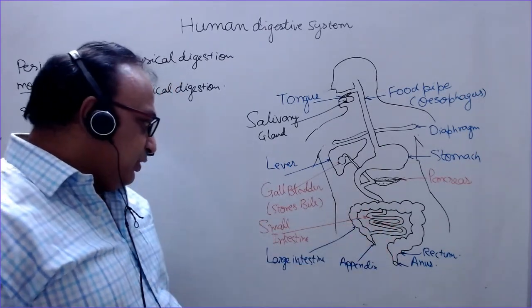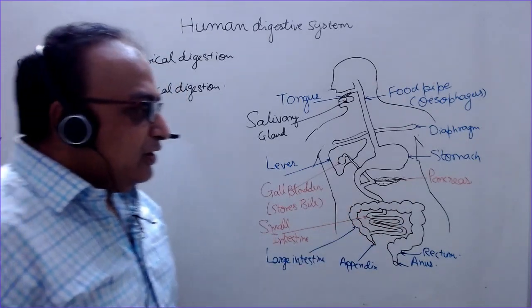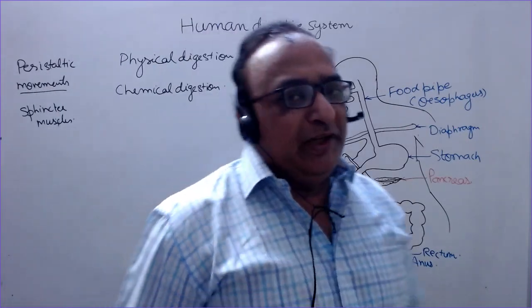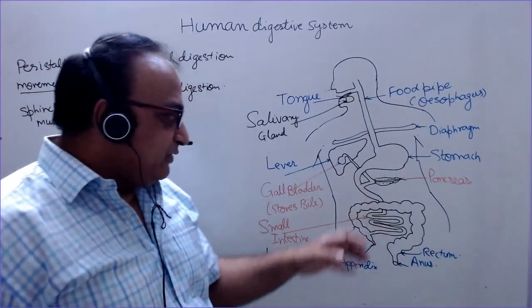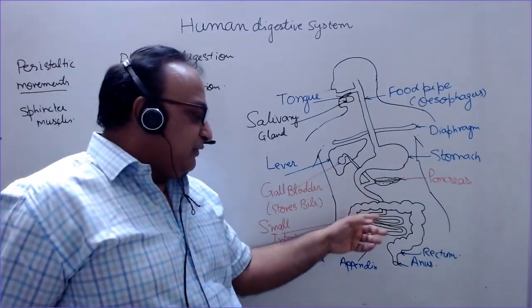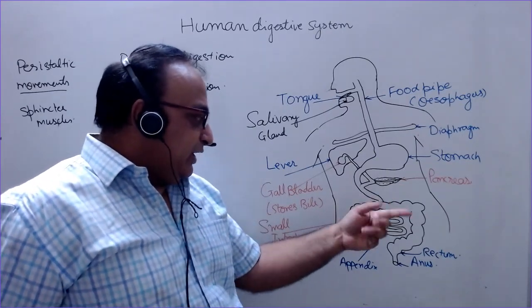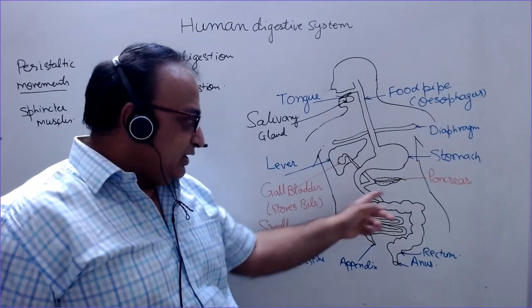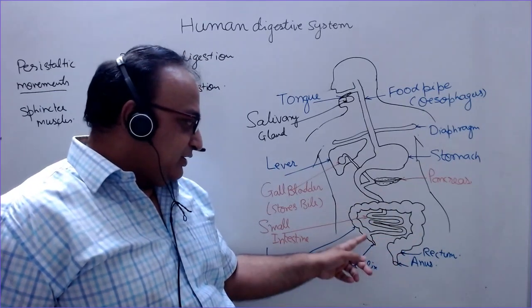After this the food enters the small intestine. It is very long, around 6.5 meters in length for an adult person, but because its diameter is very small, it is very narrow. That's why we call it the small intestine. It is in the form of coils and surrounded by the larger intestine. This end of the larger intestine is known as the appendix.